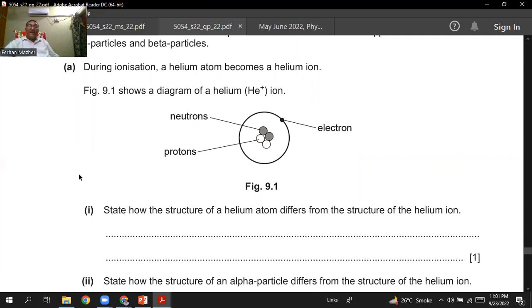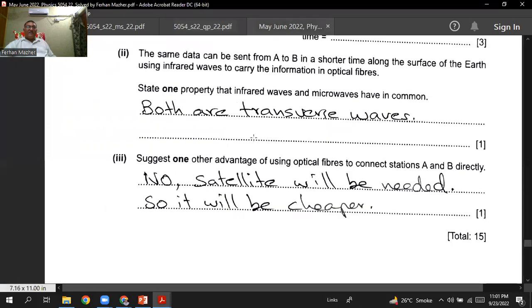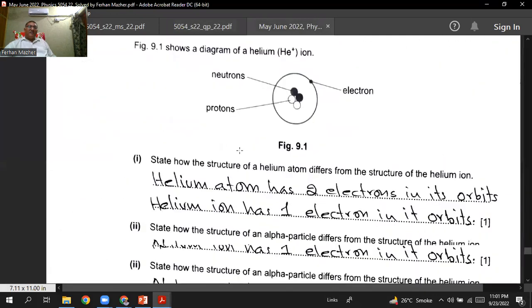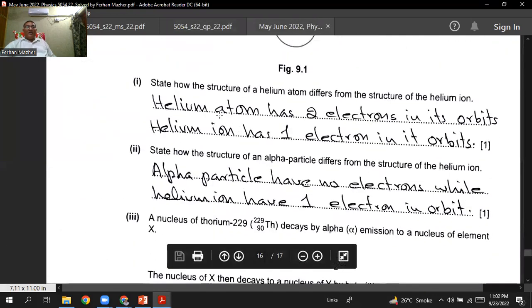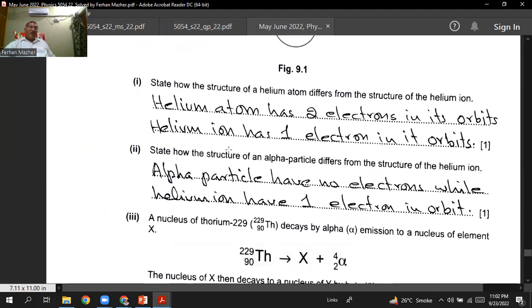State how the structure of the helium atom differs from the structure of the helium ion. So in the helium ion, there is 1 electron in the orbit, and in the helium atom, there will be 2 electrons in the orbit. So that's the difference between them. Helium atom has 2 electrons in its orbits. Helium ion has 1 electron in its orbits.